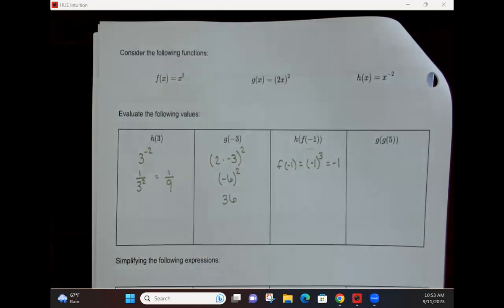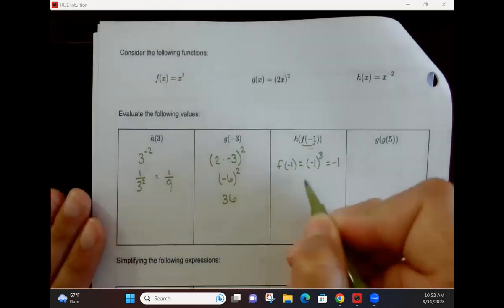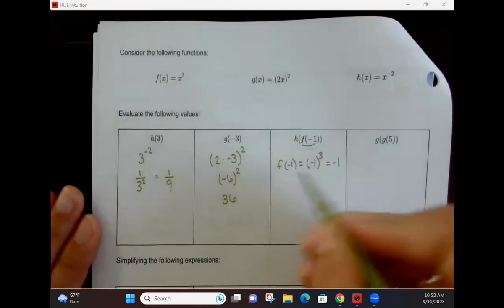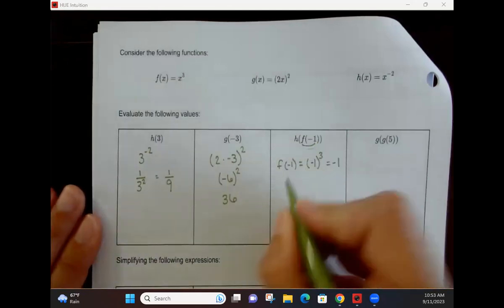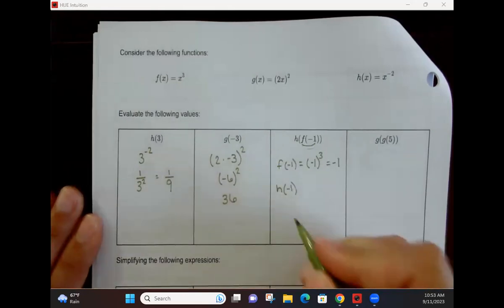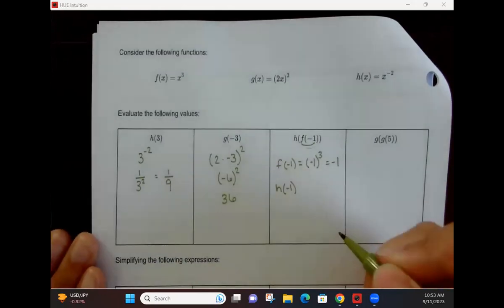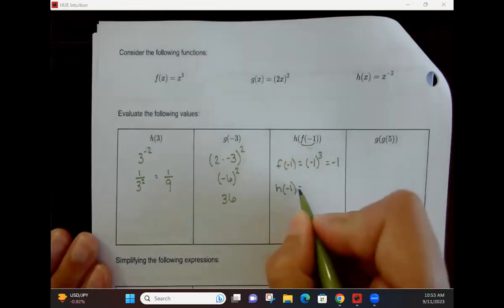That is not what we're doing with a composition. For a composition, we work from the inside out. Once I have the output for f of negative 1, this is now my input for h. And then once I use this as an input, I am done with that value. I don't need to call back to this again. I'm using it as my input for h.